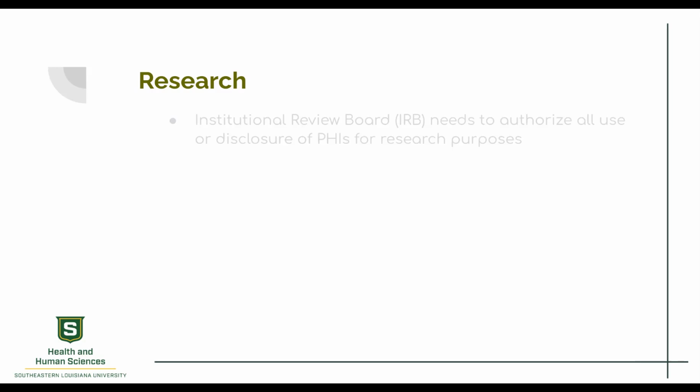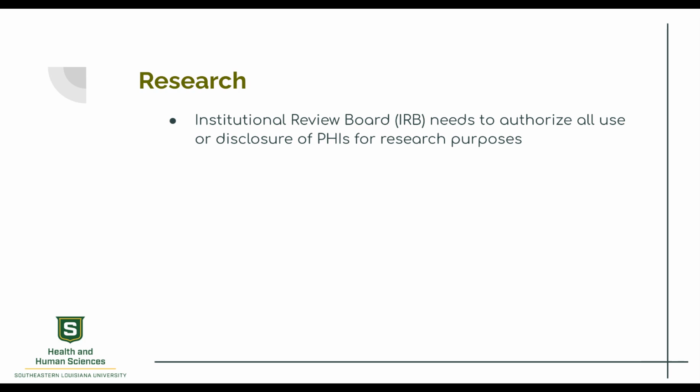One of the things that governs data use, or PHI use, is the Institutional Review Board, the IRB. The IRB oversees how participants' information is to be used. This includes even secondary data, which I'll talk about in a bit.